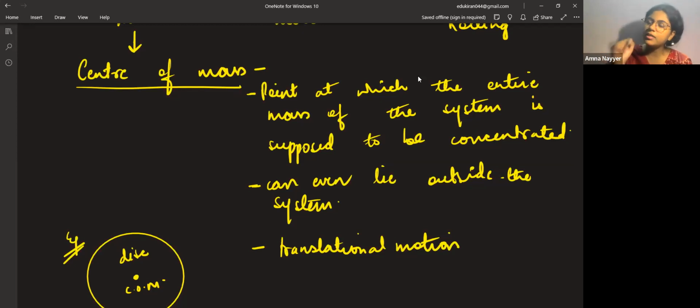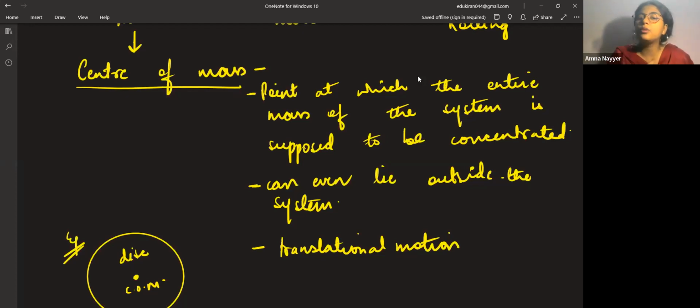The velocity of the center of mass will depict the velocity of all the molecules, because depicting the individual velocities and accelerations of every particle is not possible. There are not only 2, 3 or 4 particles in a system; there are millions of particles, so it's impossible to define each of them.